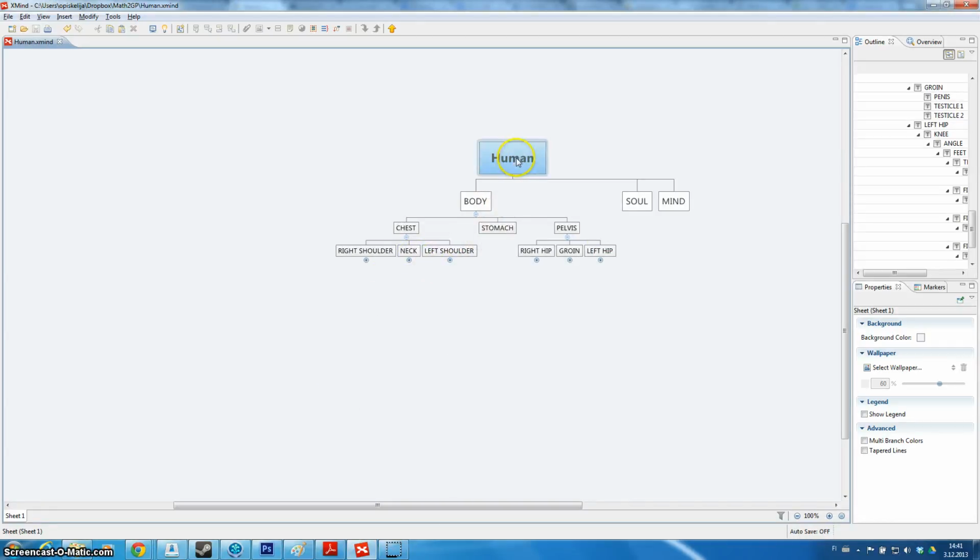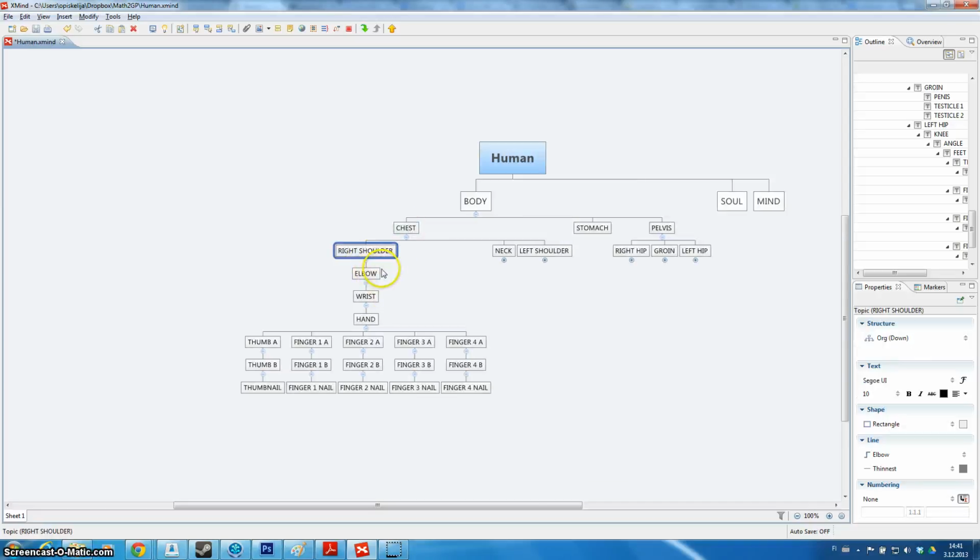As a human, we have body, and then we have chest, stomach, and pelvis. And over there we have a right shoulder, which chains with the chest, connected to the right shoulder, and the right shoulder chains the elbow, wrist, and hand.